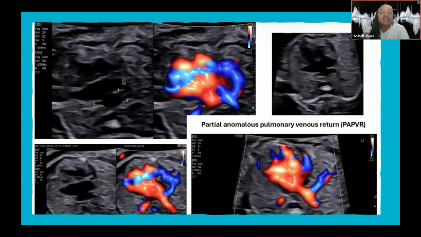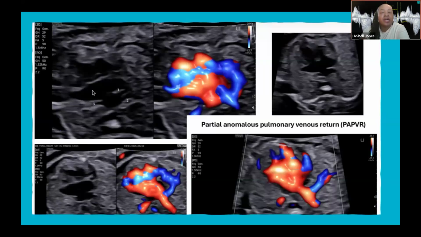So we did send this case off to a cardiologist, and it was confirmed to have partial anomalous pulmonary venous return. And in this particular case, it was actually missed by a few other level techs because they did not routinely check for the pulmonary veins entering into the left atrium.